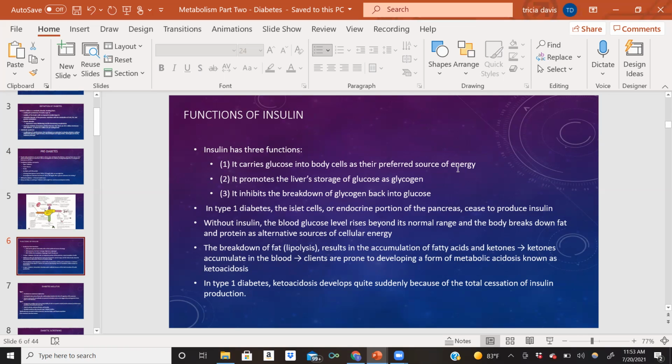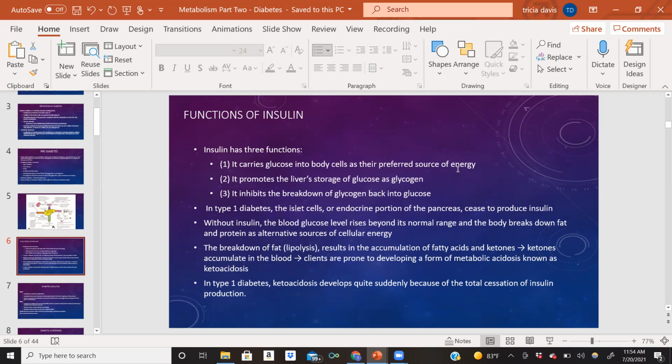That process of breaking down fat is called lipolysis. When that happens, it's going to result in the accumulation of fatty acids and ketones. Throughout that process, ketones are going to start to accumulate in the blood, and clients are going to be prone to developing a form of metabolic acidosis known as ketoacidosis.